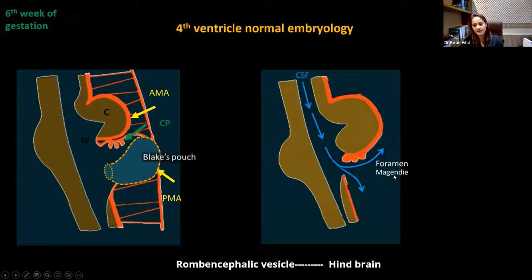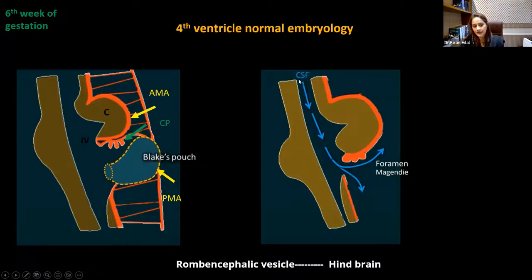Between the 7th to 11th week of gestation, what happened after the distension of this black pouch? You can appreciate a small neck of this black pouch. This neck of the black pouch gets a fenestration, and after the fenestration, this black pouch disappears. The neck of the black pouch becomes the foramen of Magendie.